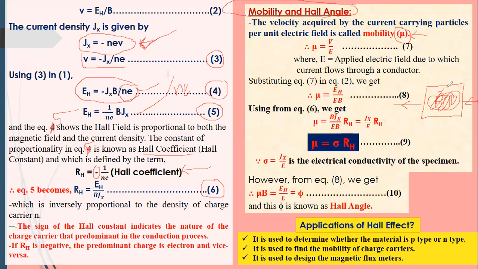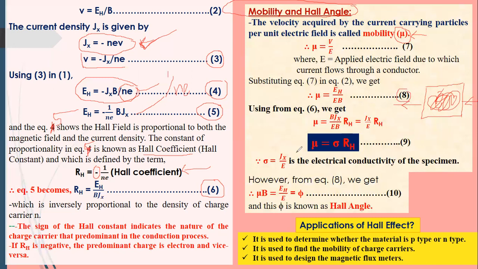If we substitute equation number 7, that is mu is equal to V upon E, in equation number 2, we get mu is equal to EH upon EB. Let us say this is equation number 8.